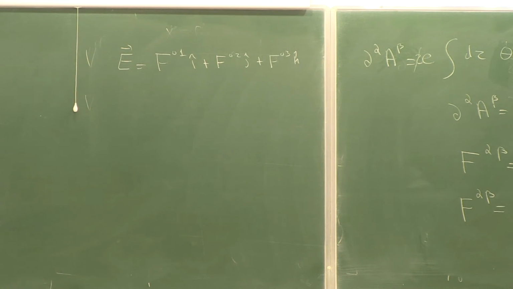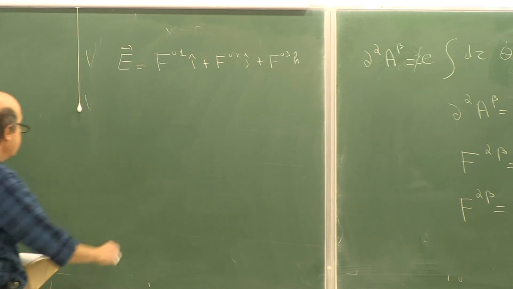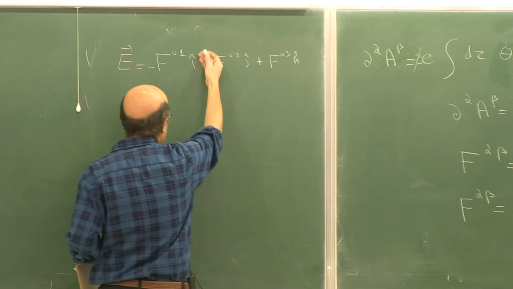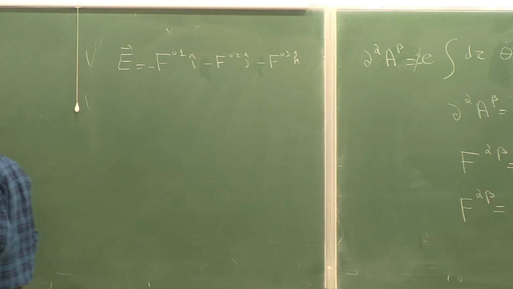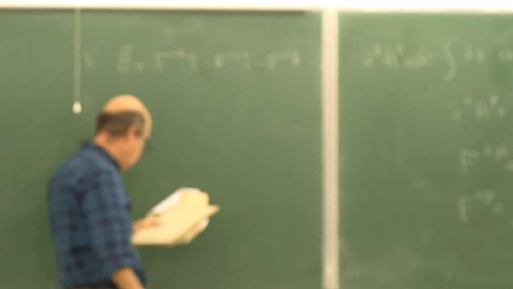Actually this should be the minus sign, because 01, 02, 03 are the minus fields, so minus Ex, minus Ey, minus Ez.